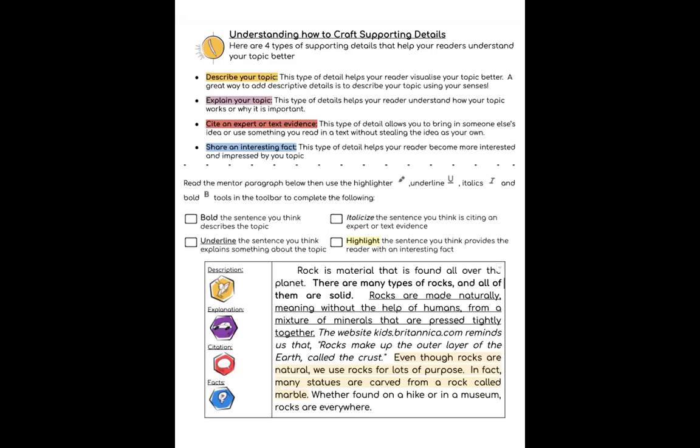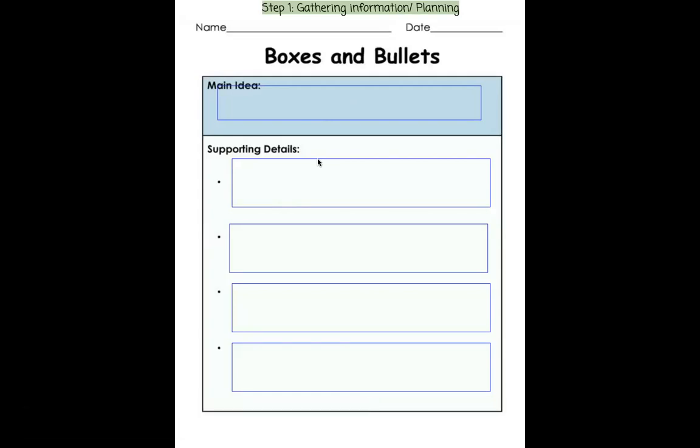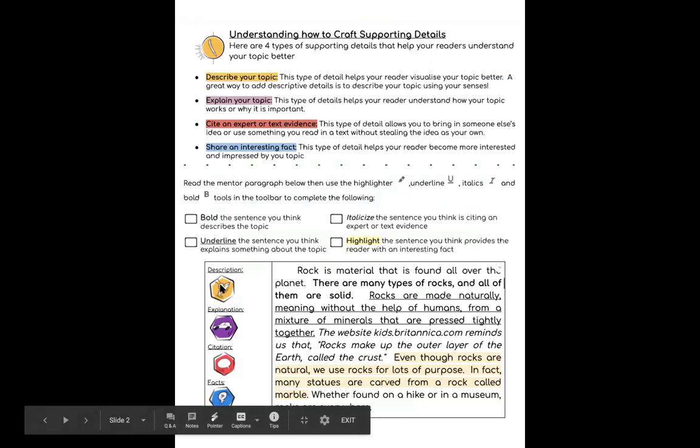So what we're going to do today is we're going to kind of go through this together. We are going to make a boxes and bullets with our main idea and supporting details. You will notice that today you have 4 supporting details. Each one of these supporting details will match our 4 different types: description, explanation, cite, and facts.